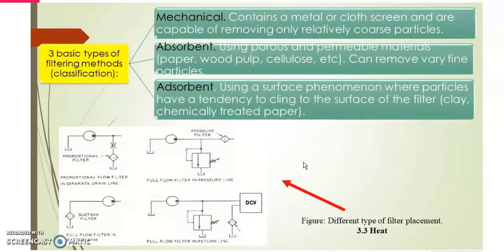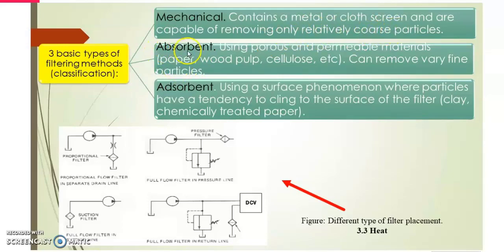There are three basic types of filtering method. First is the mechanical. This type normally contains a metal or cloth screen or a series of metal disks separated by thin spaces. Many mechanical filter types are capable of removing only relatively coarse particles.